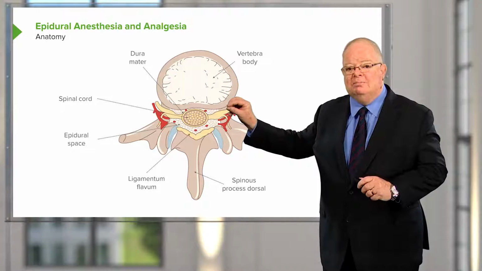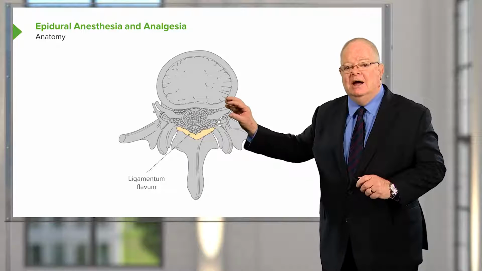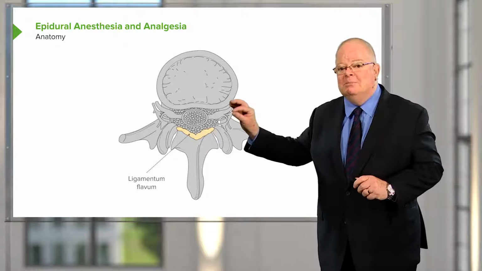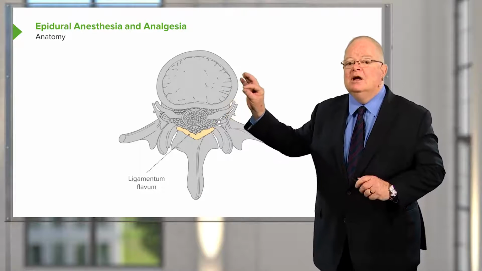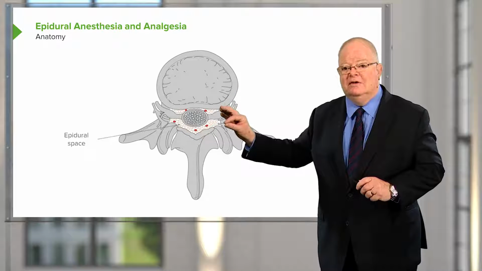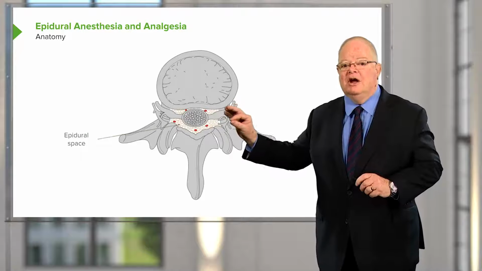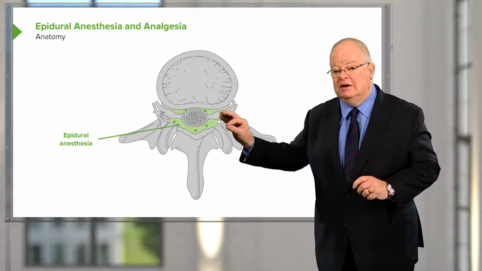Before you get to the spinal column, there's a thick ligament called the ligamentum flavum. And it is the space between the ligamentum flavum and the coverings of the spinal cord that is the epidural space. That's where we put epidural catheters. That's where we inject for epidural analgesia or anesthesia.